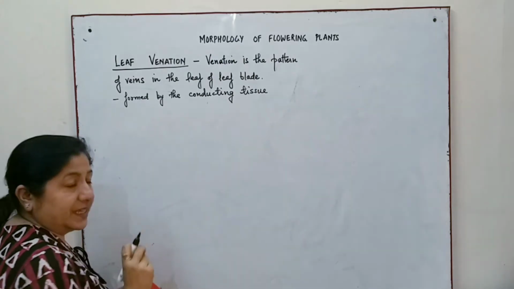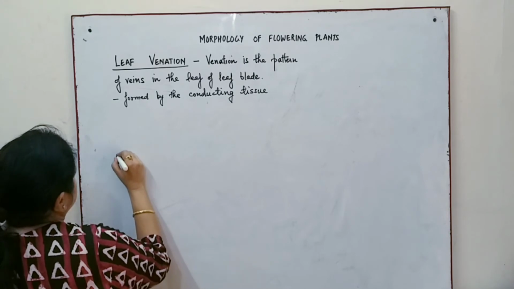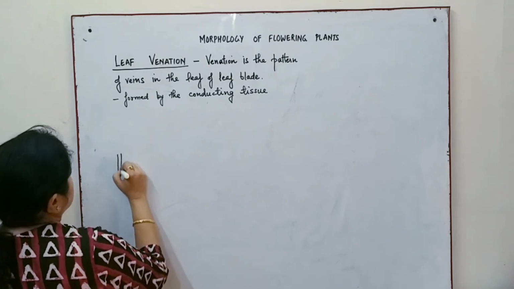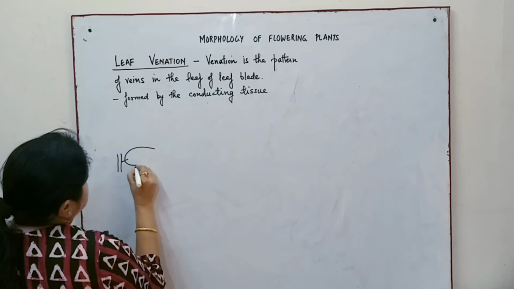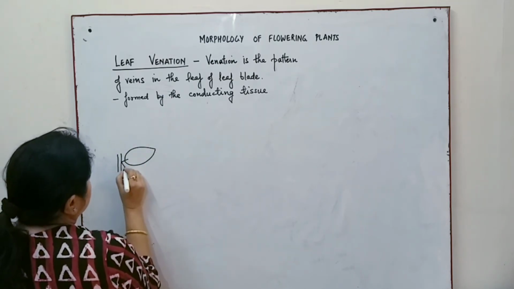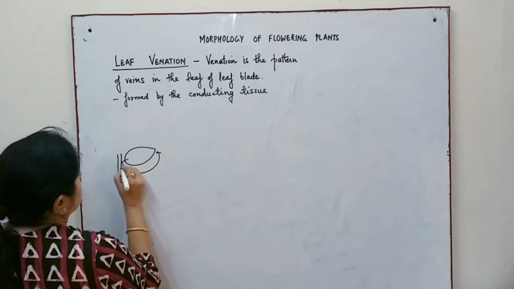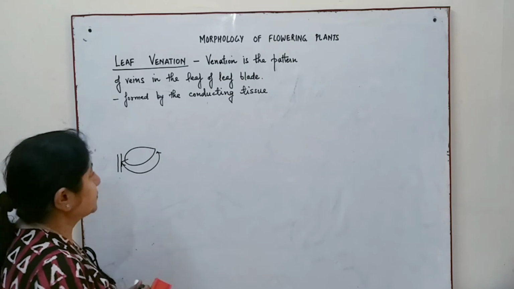And it connects the petiole. The petiole is the part that is connected to the stem, and it connects to the leaf blade. So the connection from the petiole to the leaf blade is done with the help of this venation.